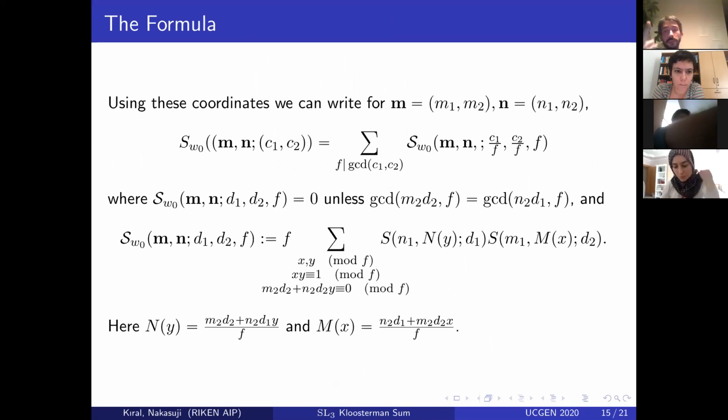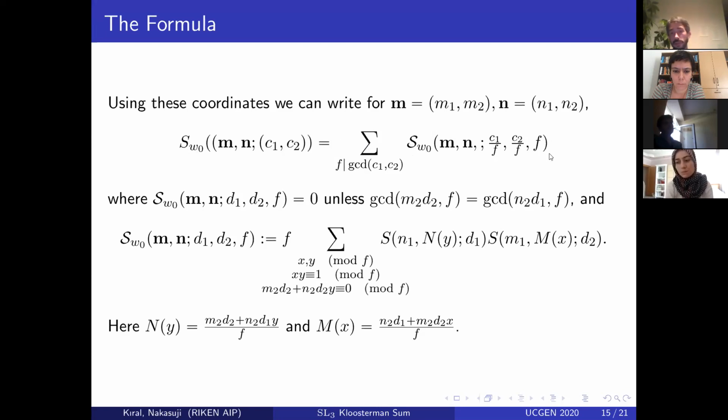I said there were three parameters, like D1, D2, F. So instead of the two parameters, what you do is that we had the omega WC, and from the omega WC, that's a set, we slice this algebraic set into pieces, into strata, if you like, that is parameterized by F. And I get, I'm sorry, I thought there would be more difference between this S and that S, but this is a fancy S. So this is the fine Kloosterman sum. This is a finer substrata of the big Kloosterman sum.